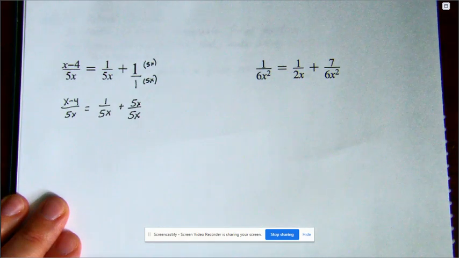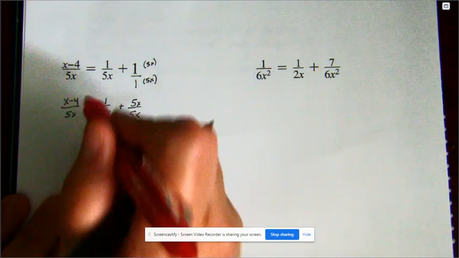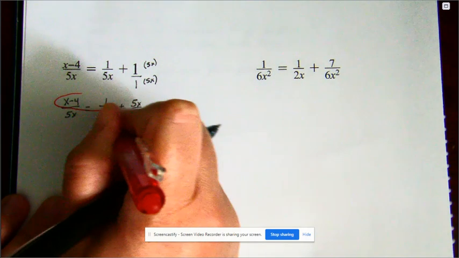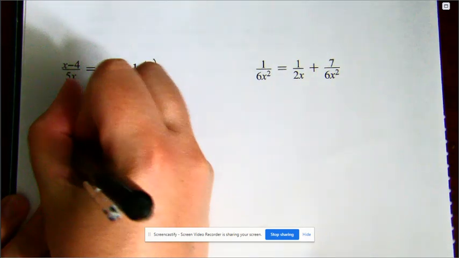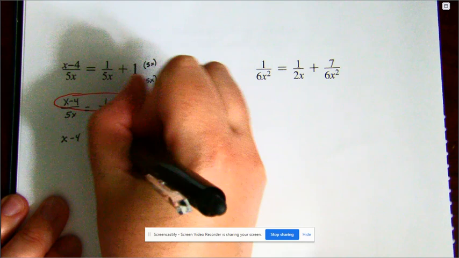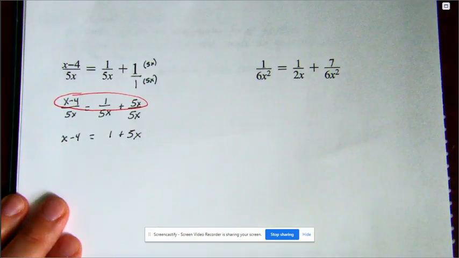So there's the equation with every single fraction having a 5x as the denominator. What you're going to solve is the equation made from the top: x minus 4 equals 1 plus 5x.